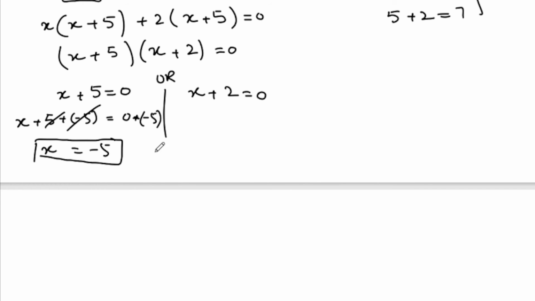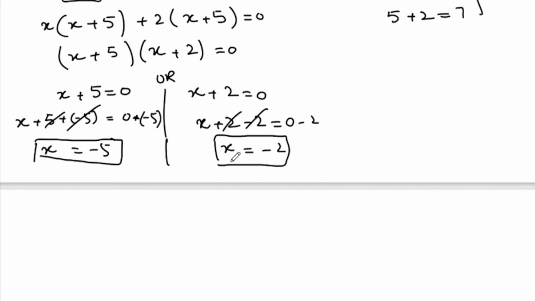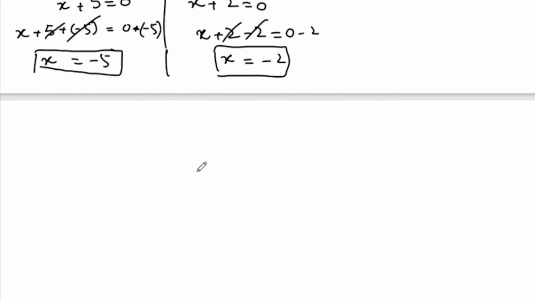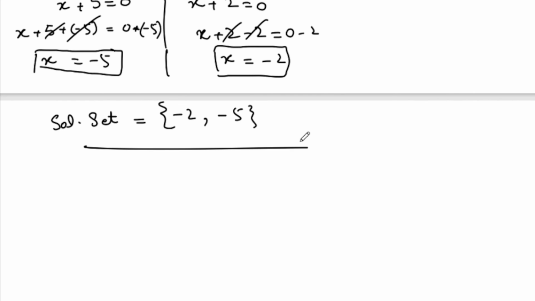Then we add negative 2 on both sides, so after cancellation we have x equals negative 2. So these are the roots of the quadratic equation. Hence the solution set of this quadratic equation contains two elements, negative 2 and negative 5. This is the solution set of the given quadratic equation.